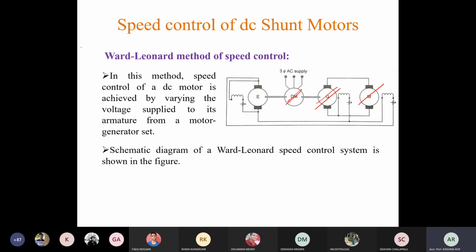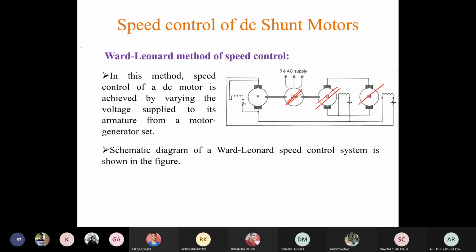Normally we use some induction motor here. See, 3-phase AC supply is given. So this is basically a 3-phase induction motor which will act as the prime mover. That means it will rotate the rotor of this generator, so mechanical power is supplied by this induction motor.